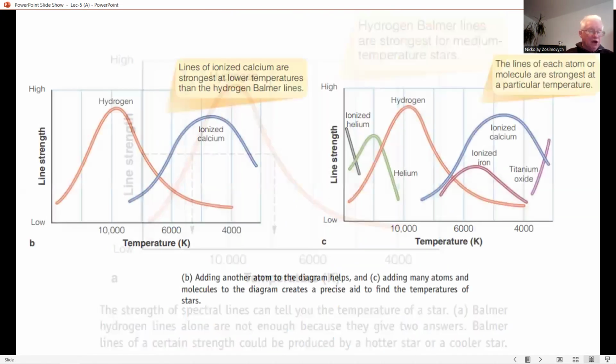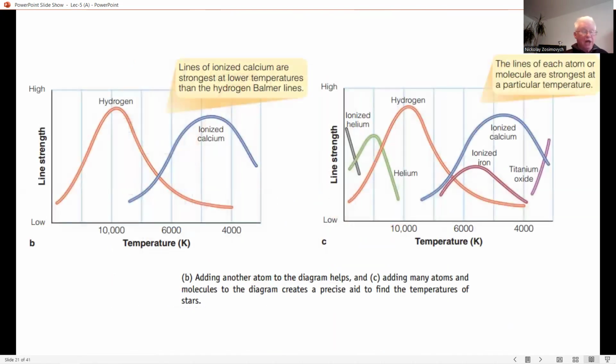You have seen how the strength of the Balmer lines depends on the temperature. Temperature has a similar effect on the spectral lines of other elements. But the temperature at which the lines reach their maximum strength differs for each element.